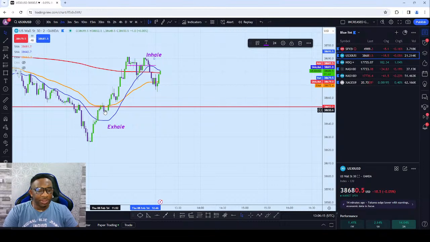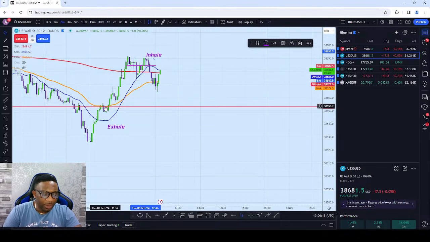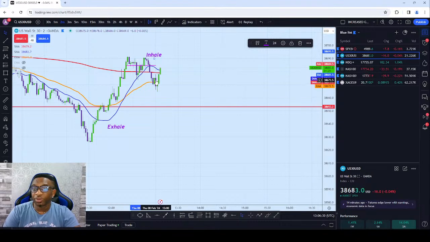As we checked on the higher time frame, the US 30 is in its wide state, but if the trend continues, it will still be pushing up.